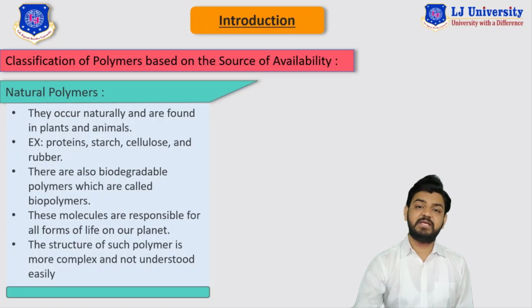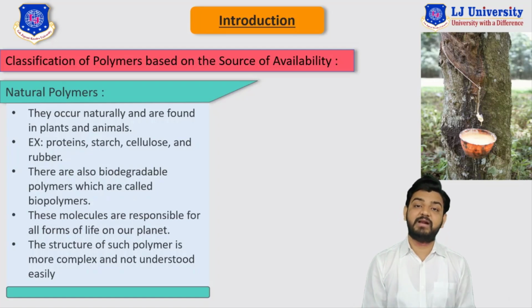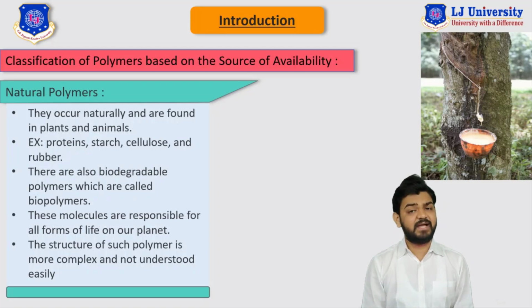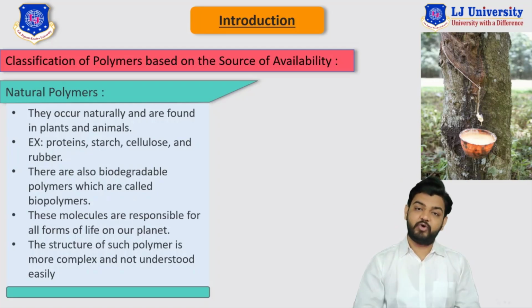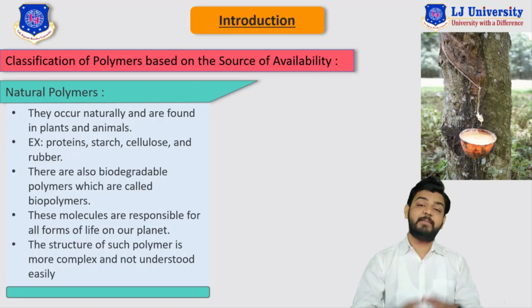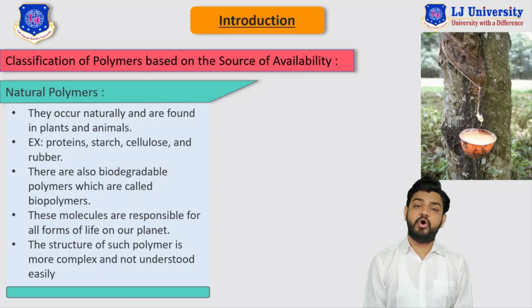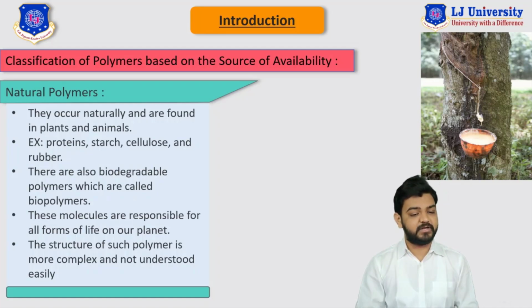In this image you can see that this tree naturally provides rubber in the form of rubber latex, so this can be considered a natural polymer. Now moving to the next point, these natural polymers are basically biodegradable polymers, so they are sometimes also referred to as biopolymers.